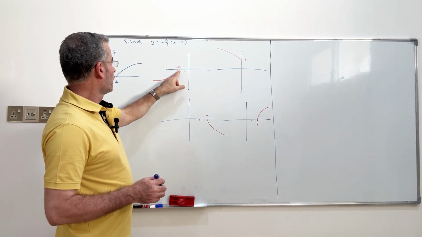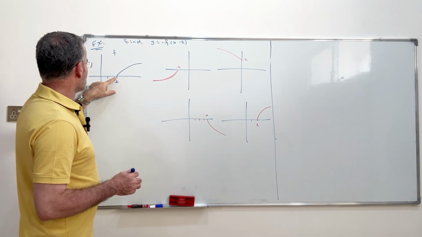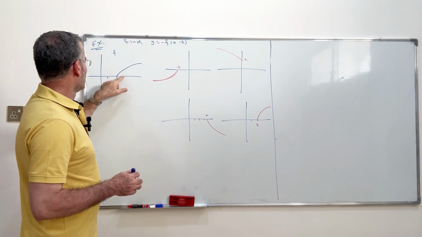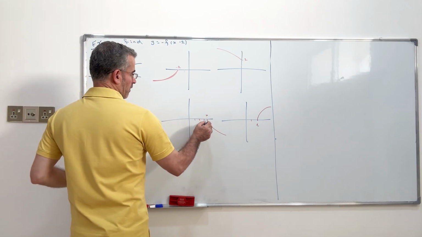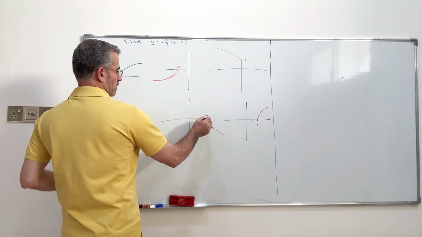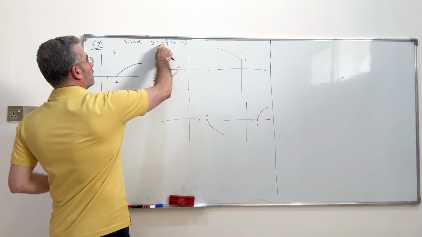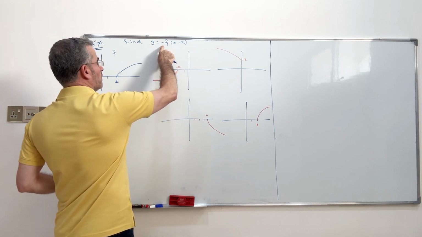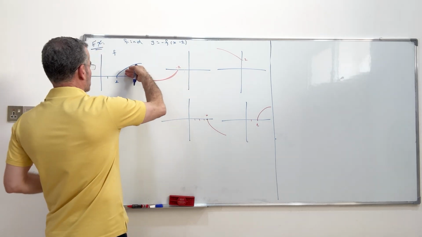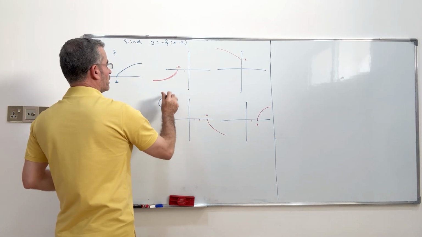I have the vertex here at 2, it should be at 4 here. Only this graph is the right choice. Then I have f of x minus 2 preceded by a negative. It is a reflection by the x-axis. Then the right choice is C.